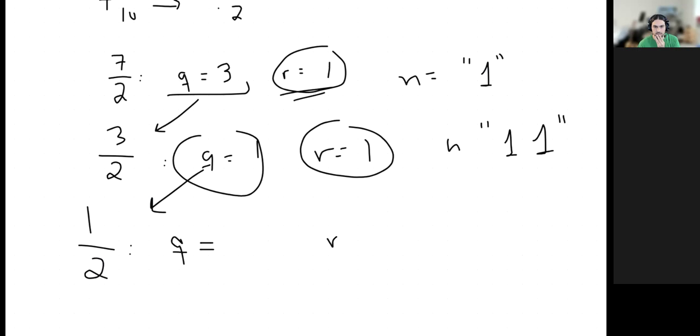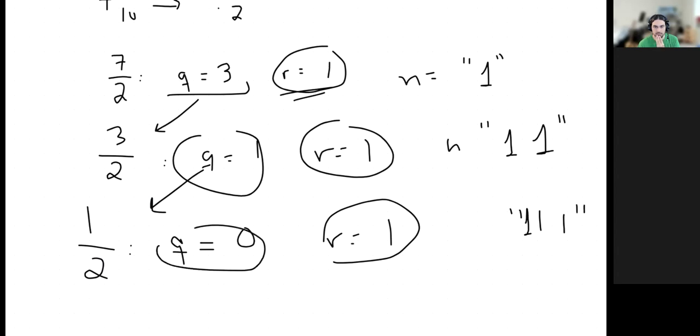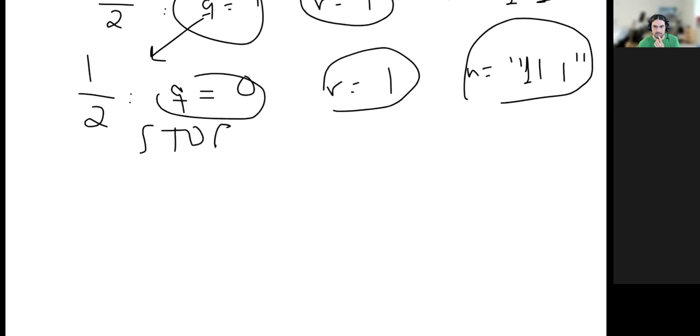It's basically 0, remainder 1. So remainder, add to the left. You already had 1, 1, so you're going to add 1 there from the remainder. And then you take the quotient, but because it's 0, stop. And then return this n. So basically the 7 base 10 is 1 1 1 base 2.